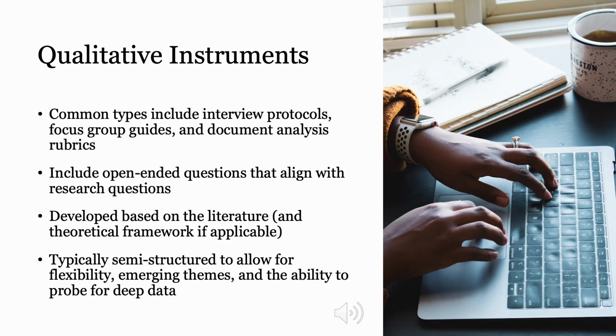Qualitative instruments are built using open-ended questions designed to elicit detailed responses that speak directly to your research questions. They're usually built on the literature and on your theoretical framework if your study has one. And remember, qualitative instruments are often semi-structured, which means you have guiding questions but still leave room for follow-up prompts and emerging themes.